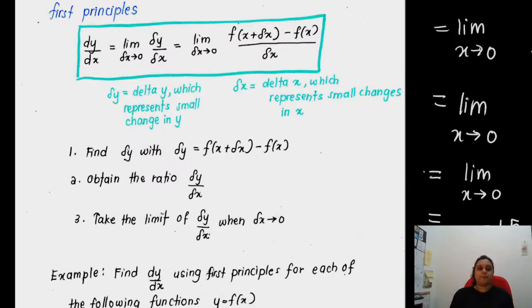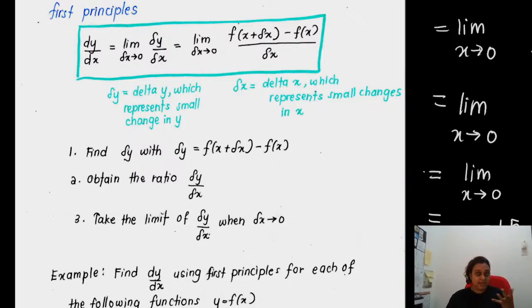Actually what is first principle? You're using the concept known as the limit. That's why we learn limit as the first part of the chapter. So you are actually finding the dy dx.